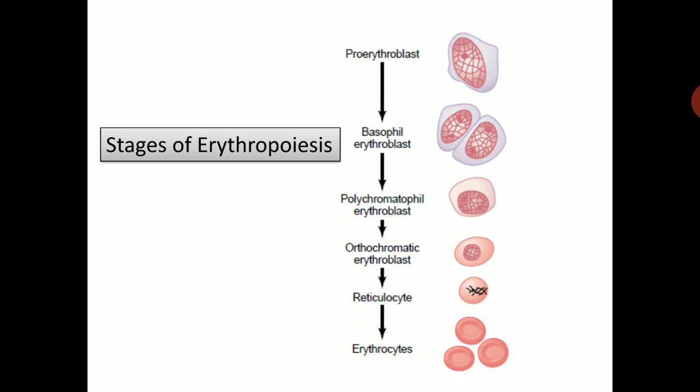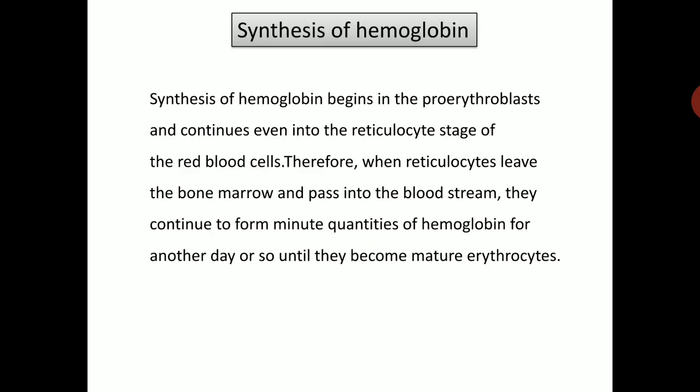So why are we learning erythropoiesis stages? Because we will learn the concept of when hemoglobin formation occurs in erythropoiesis. Synthesis of hemoglobin begins in the proerythroblast and continues even into the reticulocyte stage of the red blood cell.